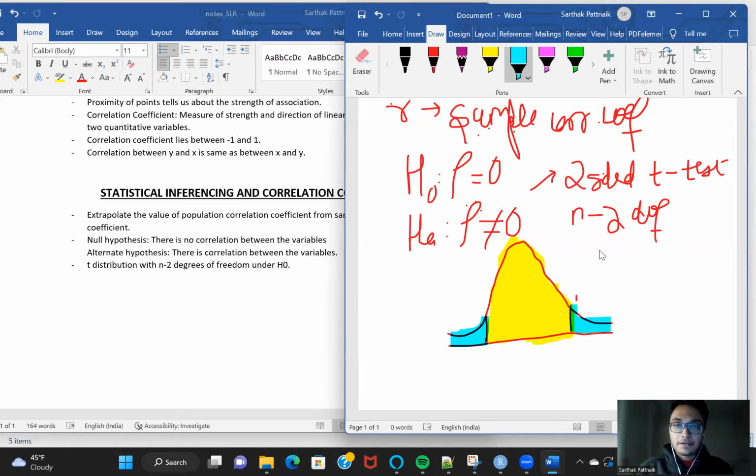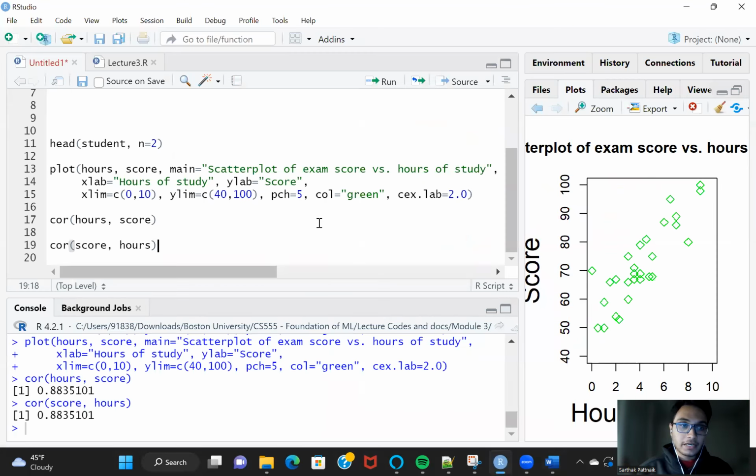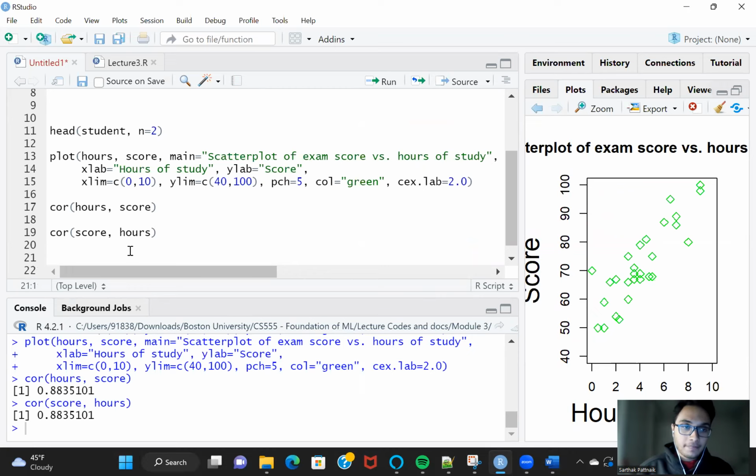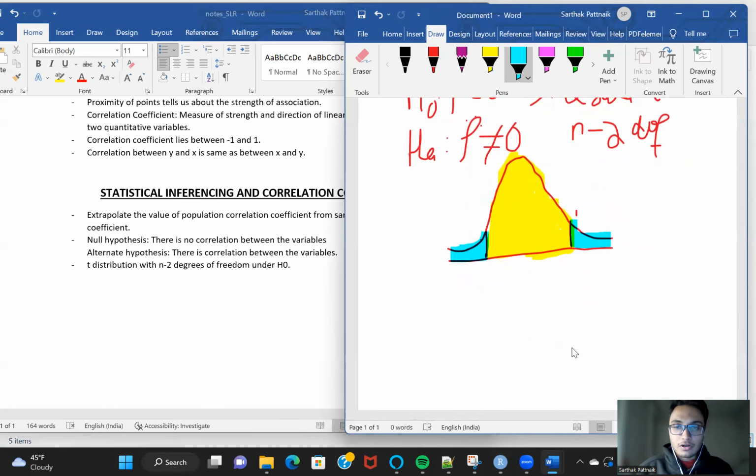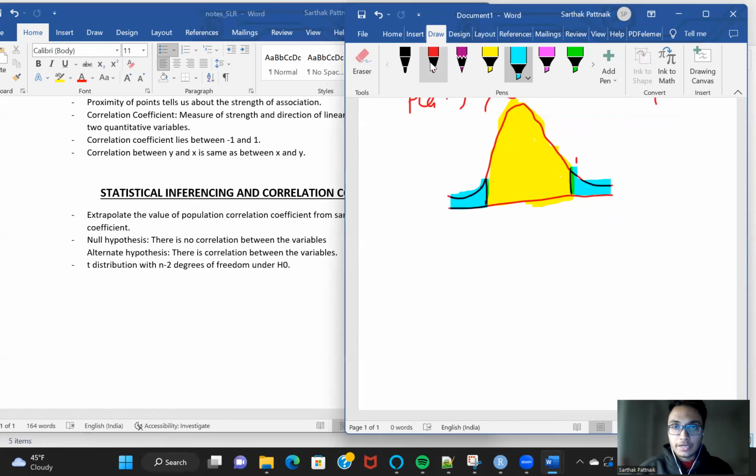So let us try and solve a sample example. Let us take the same dataset that we had seen in the previous session. And also, before I move on to the example, it is very important for me to tell you what the test statistic value here will be.